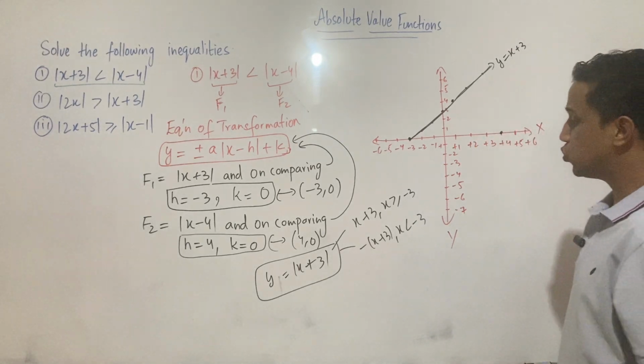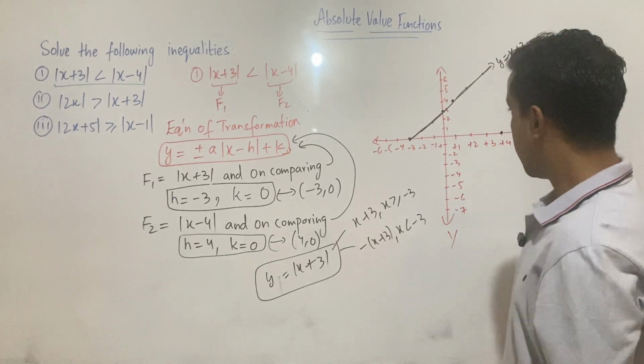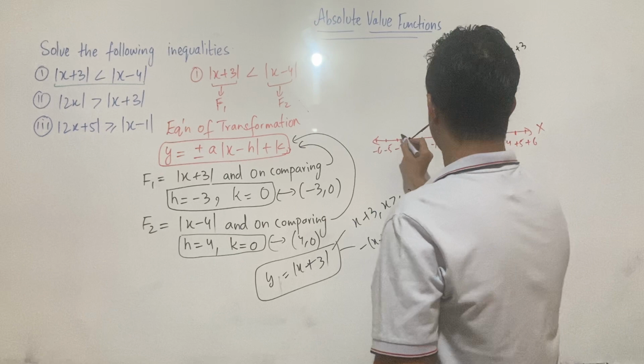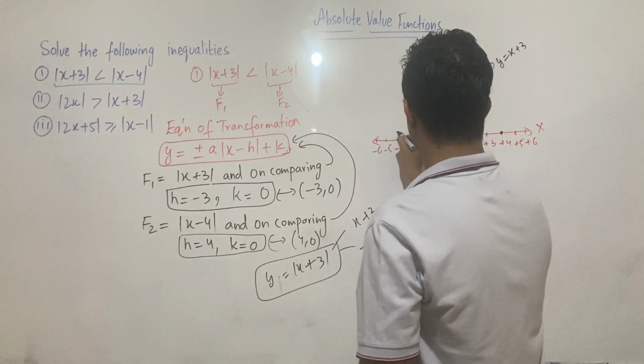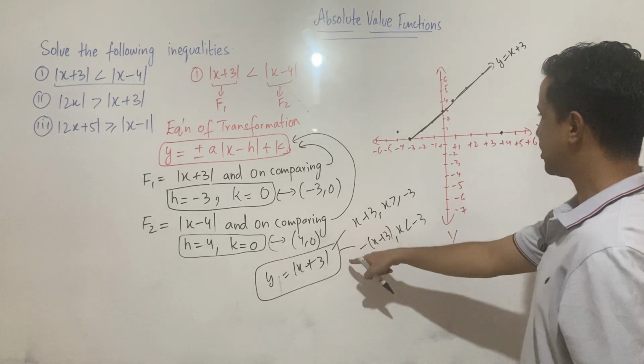Now, we can do the same by putting values less than -3. Put -4: -4 plus 3 gives 1, so it's going to be this point. For -5, it's going to be 2.